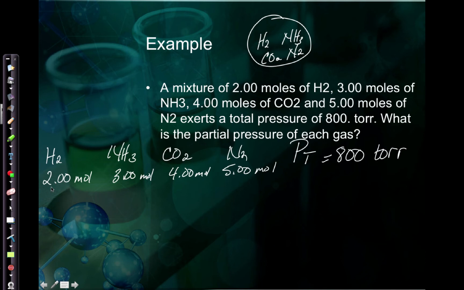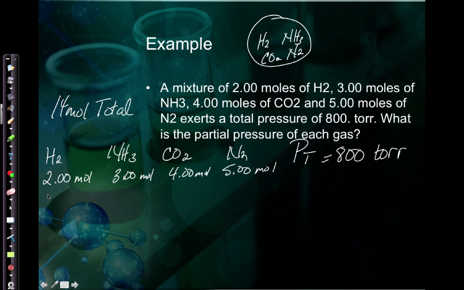The total number of moles here is 2 plus 3, which is 5, plus the other 5 here, that's 10, plus 4 here. So there are 14 moles total. Typically when you do a percentage, moles is a good way to calculate it. So I'm going to find the mole fraction for each one.